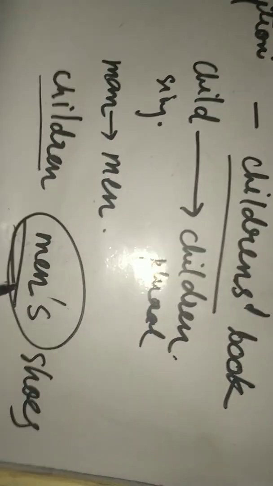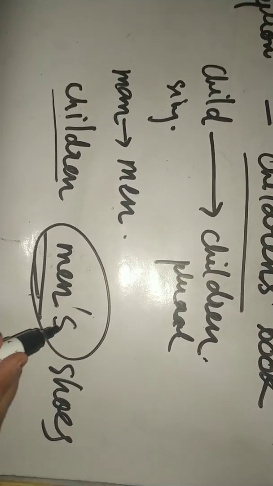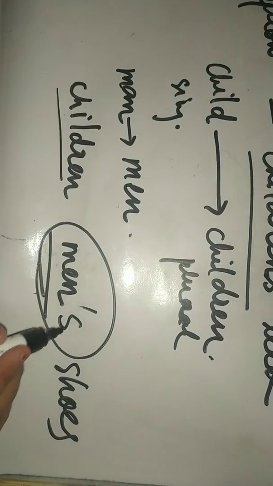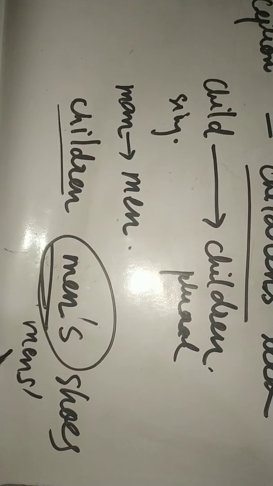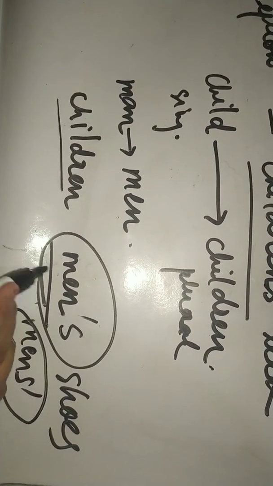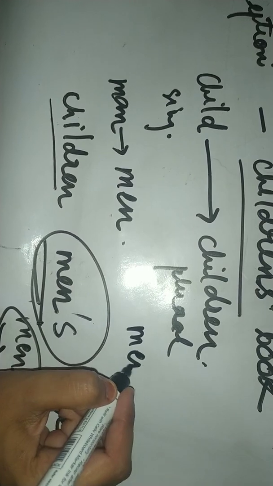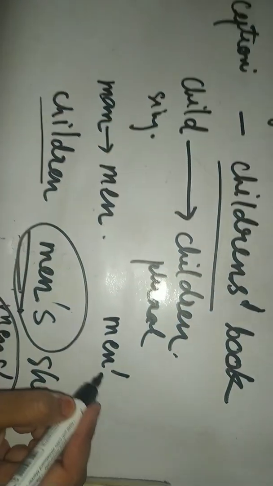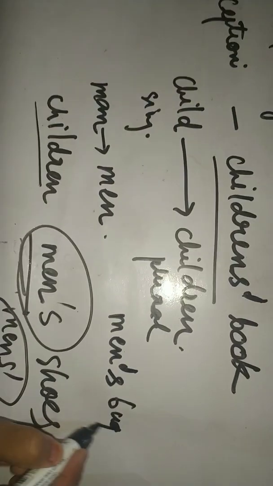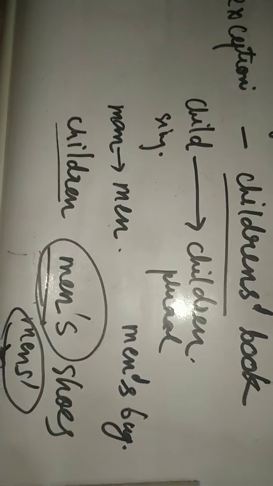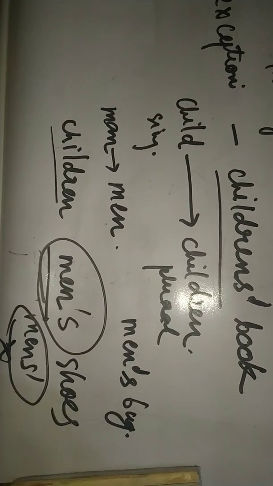Children is plural, but it is not ending with s, so we don't put the apostrophe there. Men is also plural, but we don't put the apostrophe after it like this. This is the wrong way, because it is not ending with s or es. Here it is plural, so definitely we will write like this. We have to first put the apostrophe then s. Men's bag or men's shoes, we have to write like this.